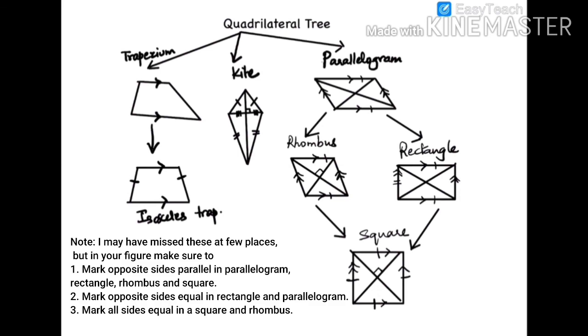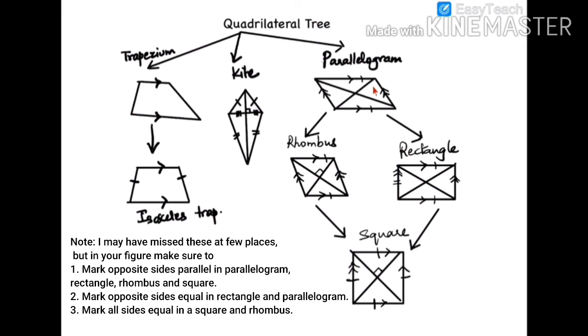So these four quadrilaterals, parallelogram, rhombus, rectangle and square, are related to each other in this manner. A parallelogram that has all sides equal will be a rhombus. A rhombus that has all angles equal will be a square.